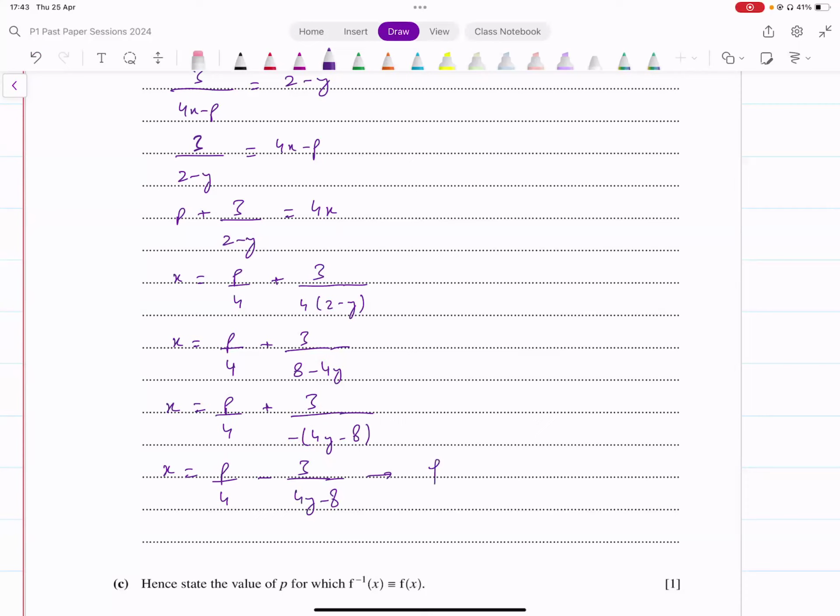Now I can write this in inverse form. This becomes f inverse of x equals p over 4 minus 3 over 4x minus 8. This is what the inverse function turns out to be. That's what we were looking for. Make sense? It's in that exact form that they wanted from us.